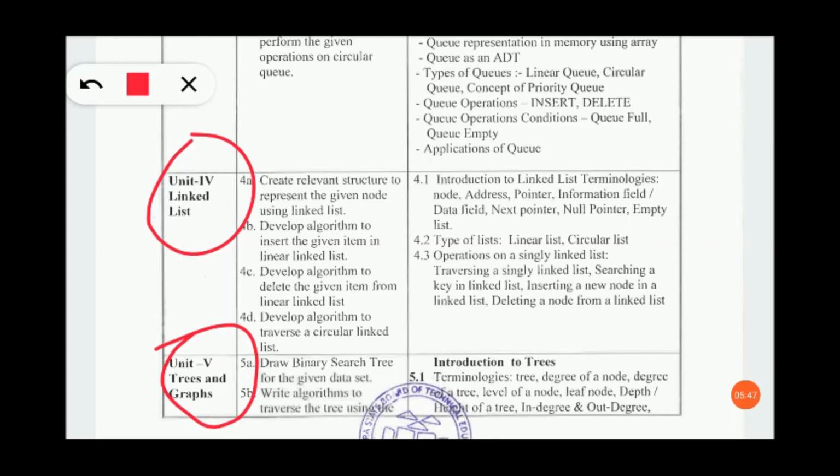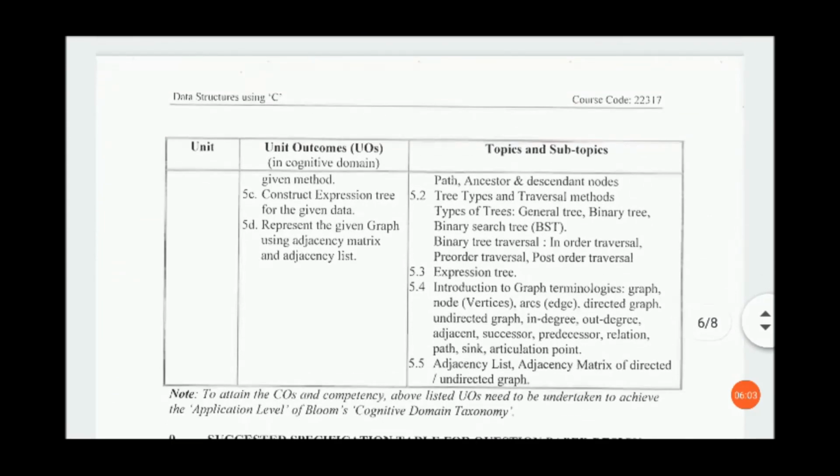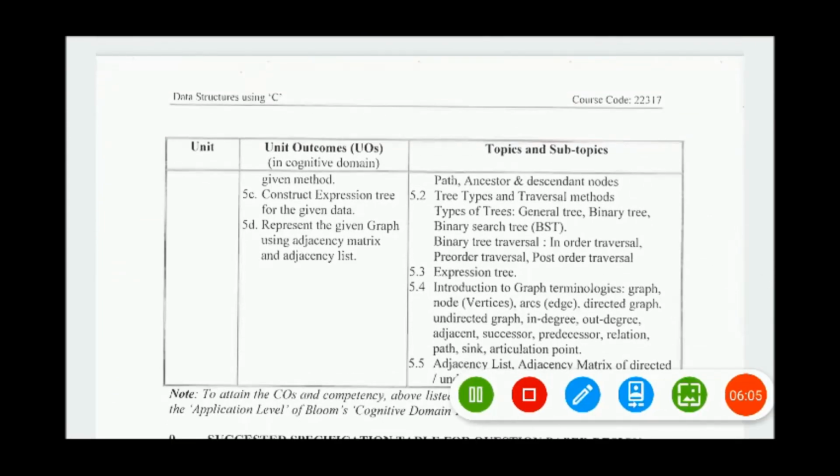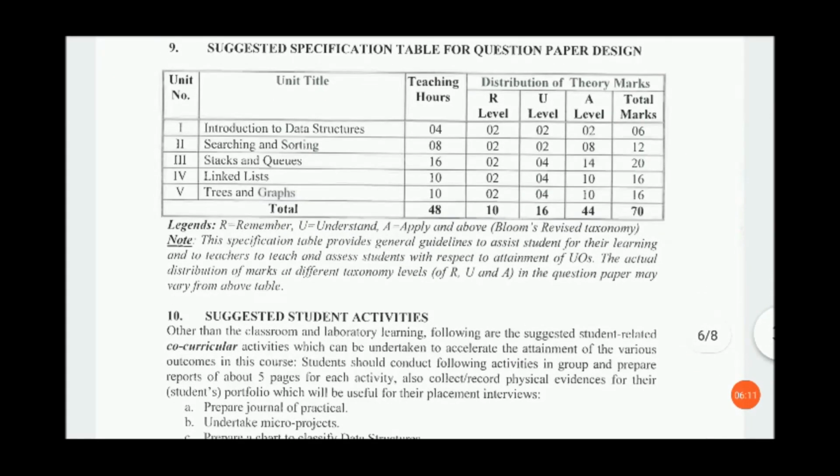It is a non-linear data structure. In this chapter we will see about degree of tree, terminologies basically, and graph terminologies, and that is only in this chapter. And we will see about expression tree and all. We will discuss in detail in a particular topic, and we will have a particular video for that.